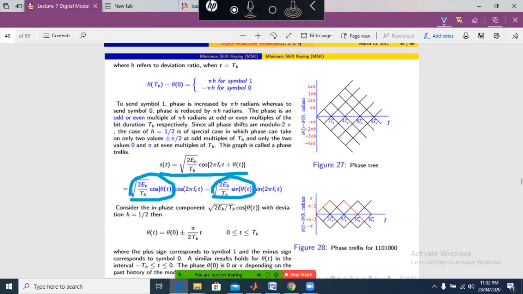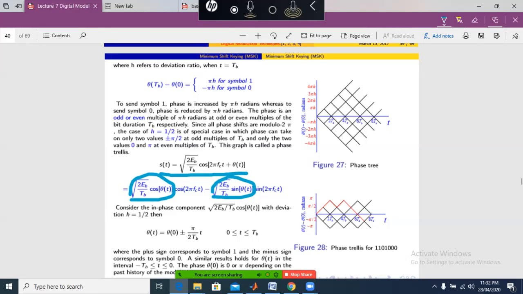How we modulate the previous bit helps us to determine how we modulate the next symbol, because it determines the value of theta of t, right? So if t is equal to Tb, then theta Tb is equal to theta of 0 plus minus pi by 2, right? Because the value of h is 1 by 2 here. So I have already told you here.